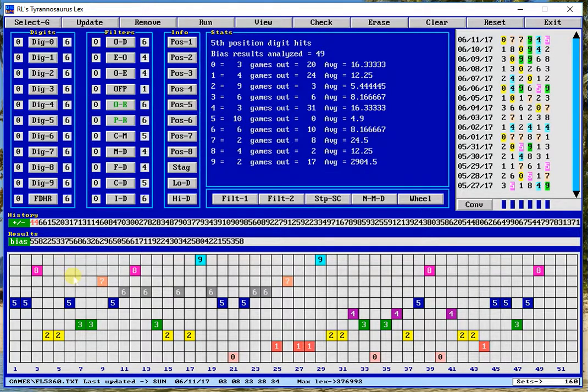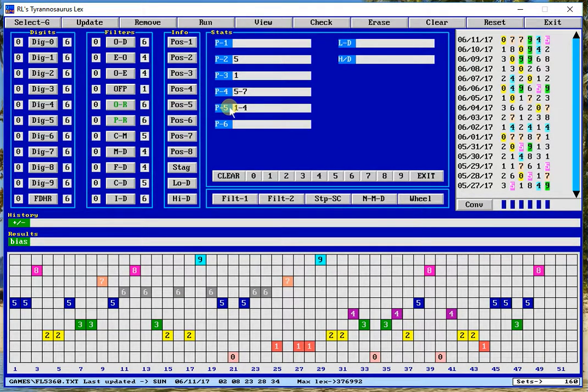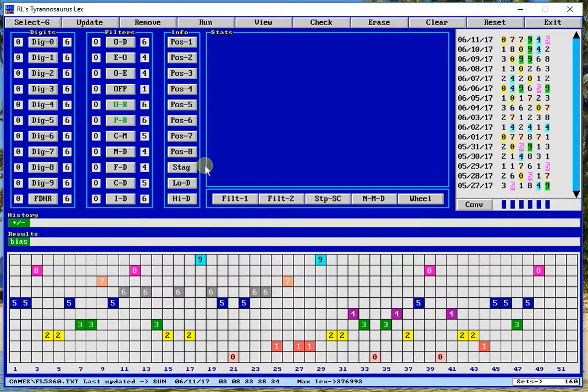That's basically how your bias works. It's just asking you, if you click, you got 2 back-to-back 44s, so a 5 is more than likely going to be drawn in the 5th position. I don't think I had a 5 in the 5th position. I had picked a 4 instead.